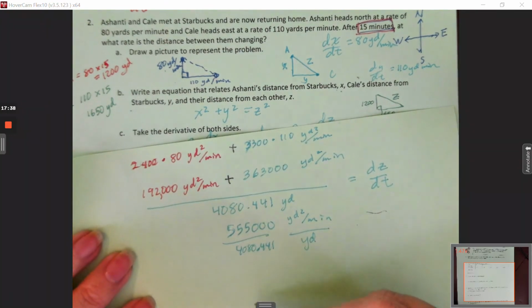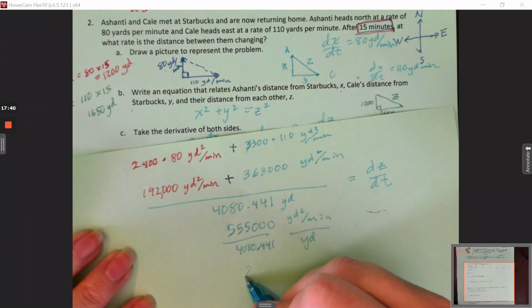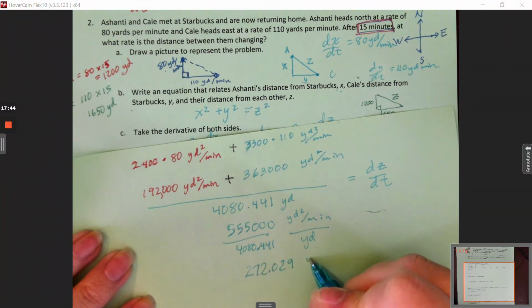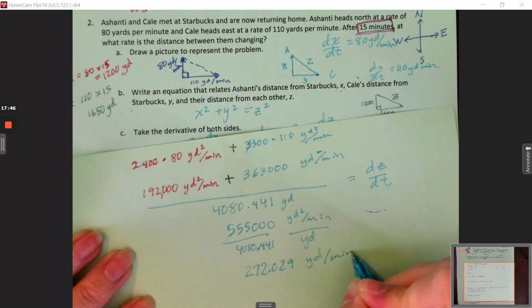And so I get 272.029 yards per minute is dz/dt.